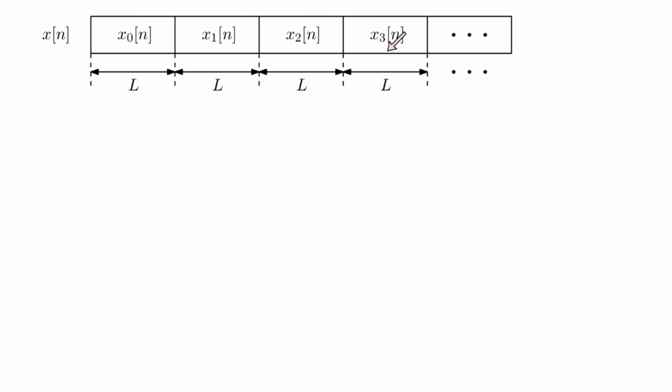Then we're going to process each of the blocks individually, and then we will have to add up the results a little bit. There's going to be a little bit of overlap between the blocks as we're processing the input. The nice thing about this is we just have to wait L samples, capital L samples, and then we can start to produce the output of the system.